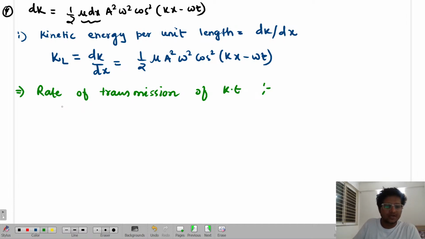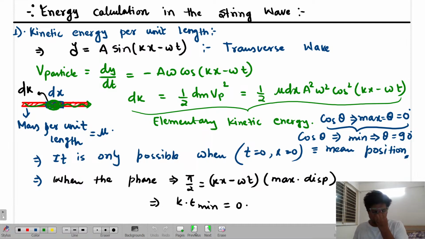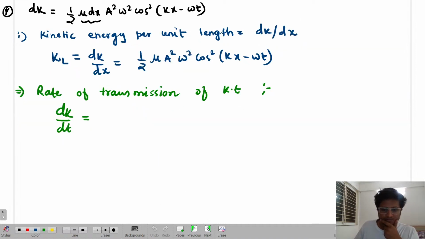If I want to define rate, that means it should be kinetic energy of the particle differentiated with respect to time or not. Correct. So if I differentiate with respect to time, what will I get? dK by dt. Tell me.